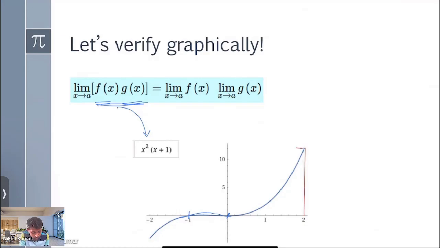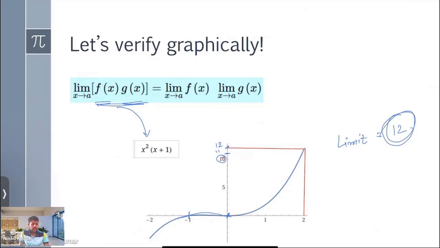So if I do this, I'm getting something like this. This is 10, this one will be 11, this one would be 12. So from the graph also it's evident that the limit of this function, which was a product of f of x and g of x, is 12.